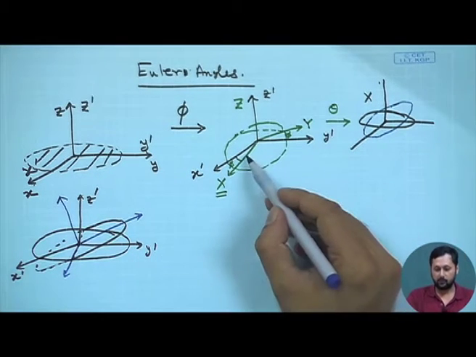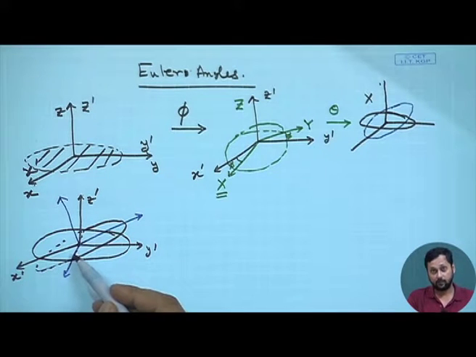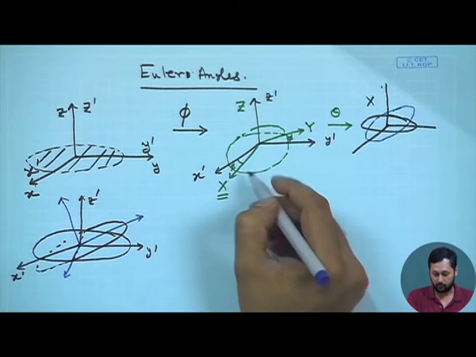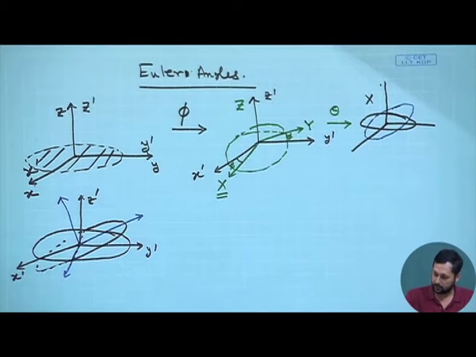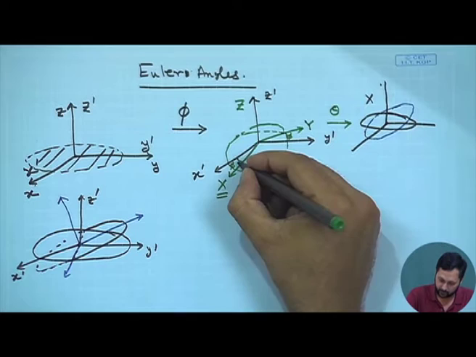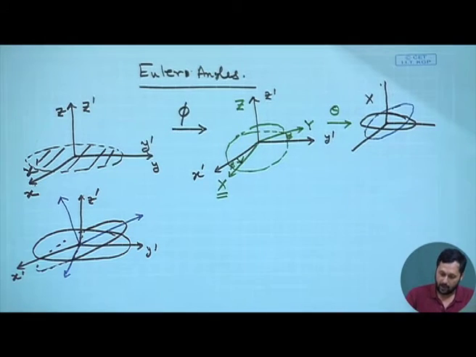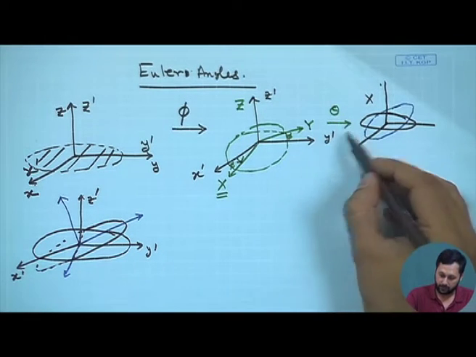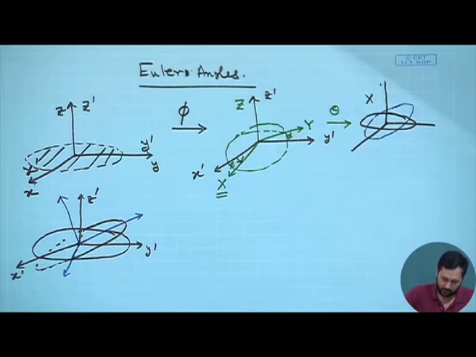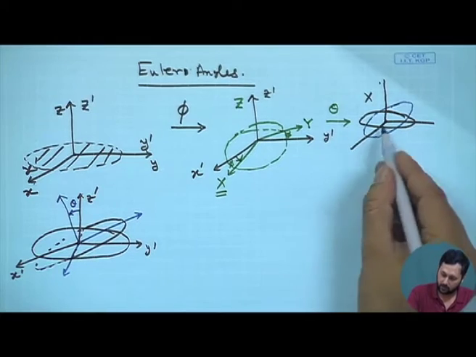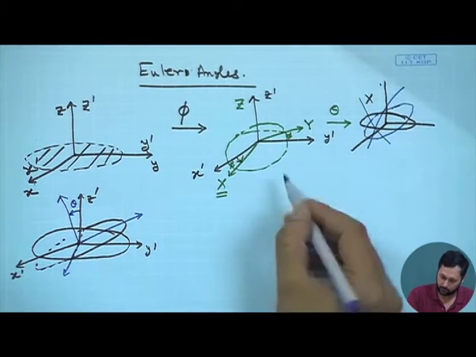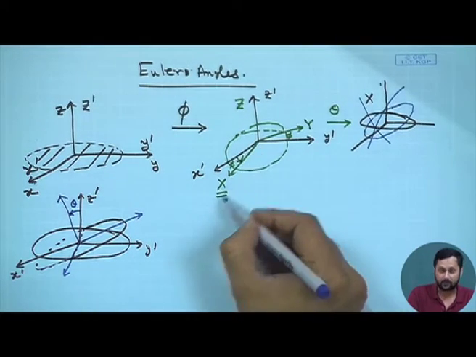So, initially we rotated this axis system, and all these rotations are in the anti-clockwise direction. So, the rotation direction was this. Next we rotated it by theta, and the direction of rotation is along this new x axis.